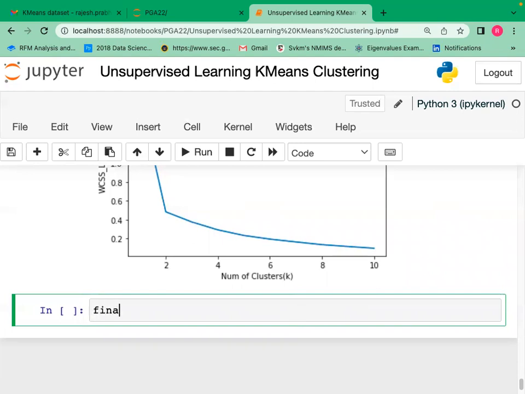So the final model is equal to KMeans(n_clusters=2).